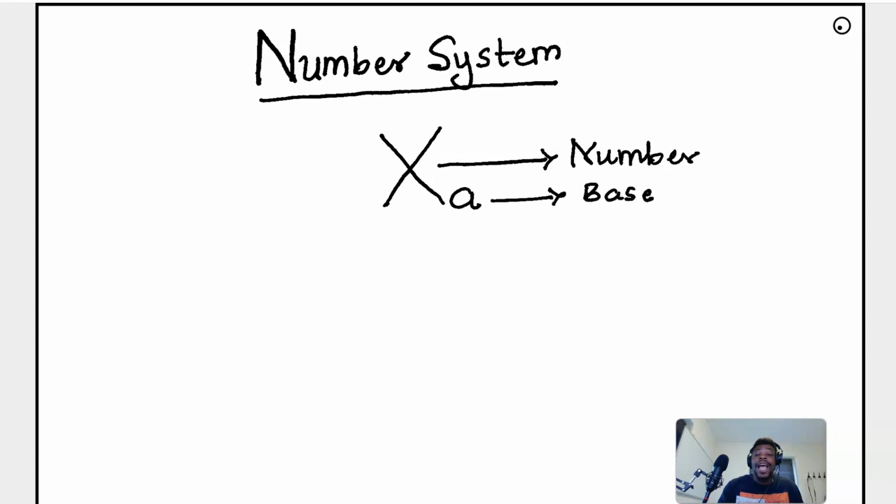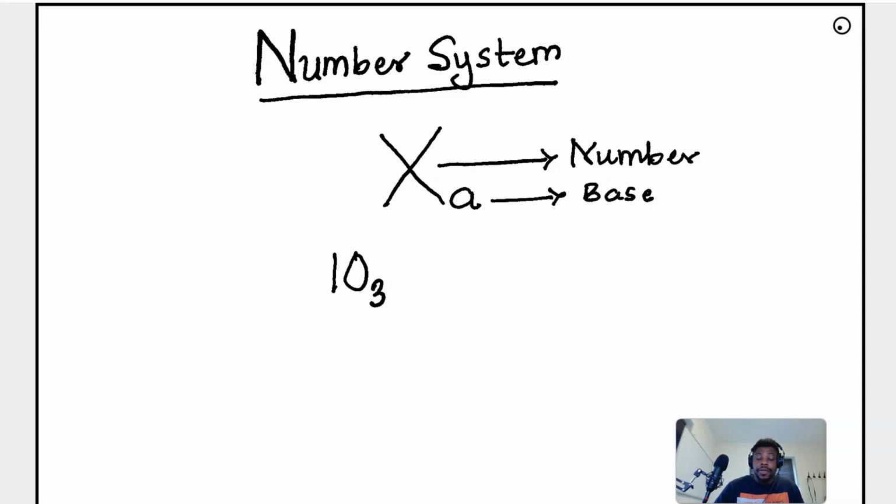That is how we have number base. So any mathematical expression or equation that is represented as x subscript a is a number base or a number system question.